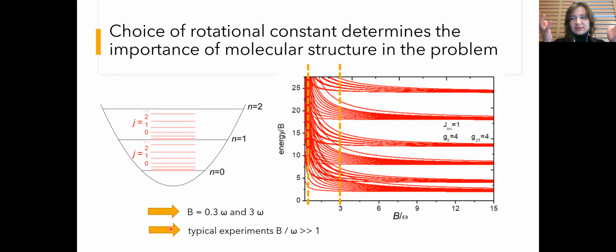So if we'd like to really realize the system in reality, we would need to use weakly bound molecules, which have much lower rotational constants, and very tight traps.